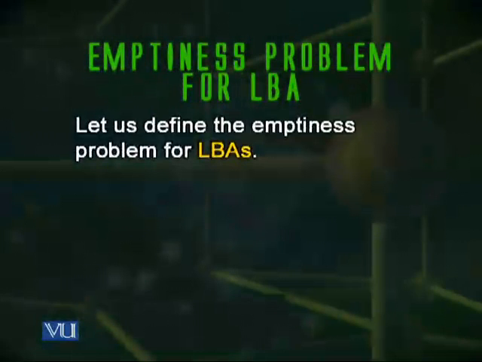Now, let's look at another question concerning linear bounded automata, which is not decidable. Linear bounded automata are a simpler model than Turing machines. We can solve their acceptance problem. However, their emptiness problem is undecidable. So let us define the emptiness problem for linear bounded automata.